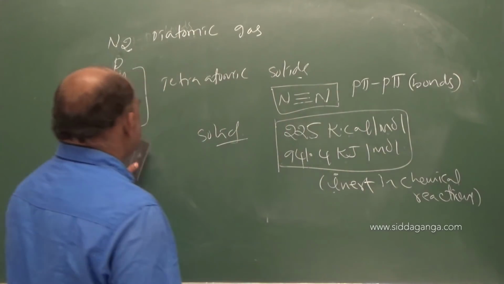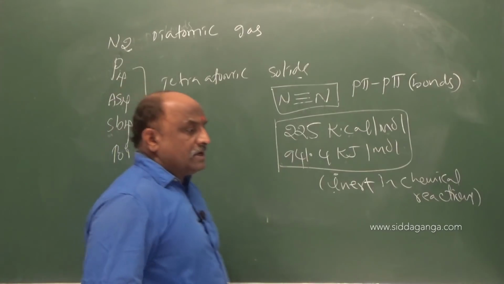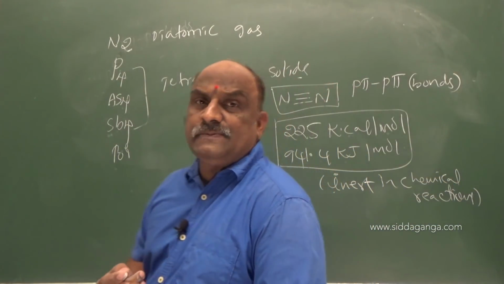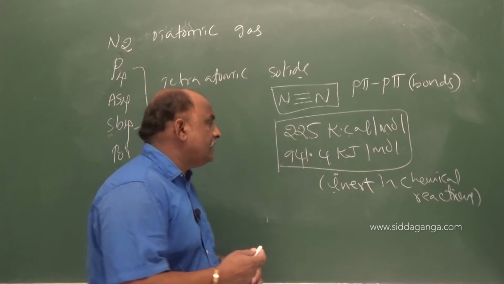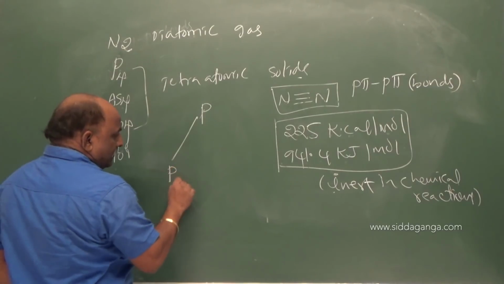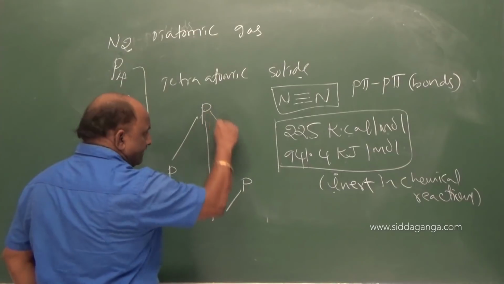While coming to phosphorus, arsenic and antimony, they are tetraatomic. Let us consider phosphorus. Phosphorus has a tetrahedral geometry, and each phosphorus is surrounded by 3 phosphorus atoms.